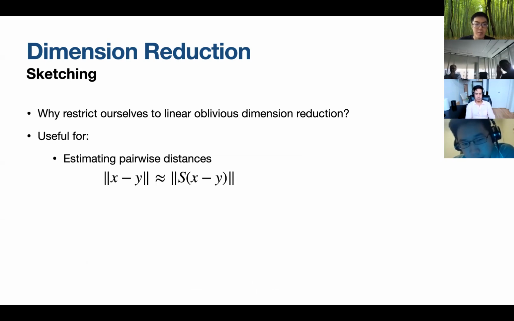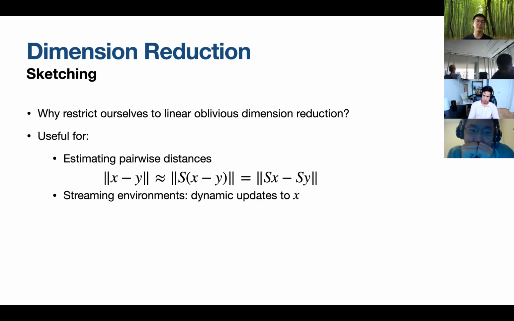By the approximation property of this sketch, we have that this is approximately equal to the norm of S applied to the vector x minus y. And now by linearity, this is just the norm of the sketch Sx minus Sy. So what this is telling us is that using the linearity of the sketch, it just suffices to sketch every vector in order to get pairwise distance estimates between the vectors.